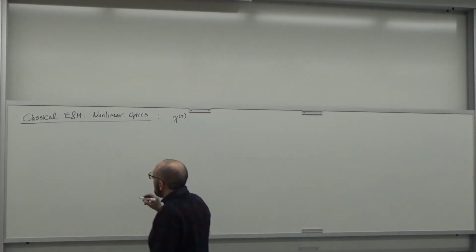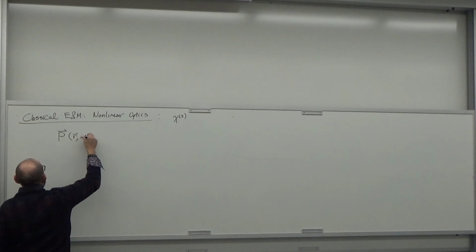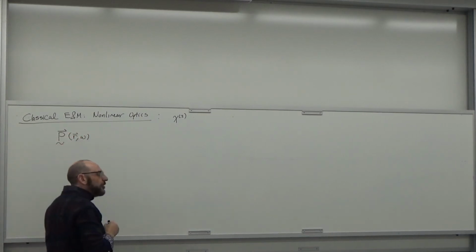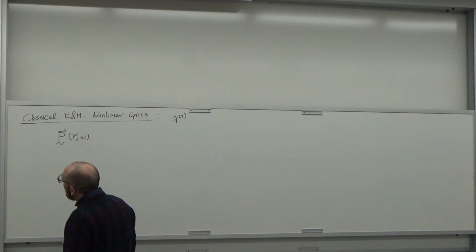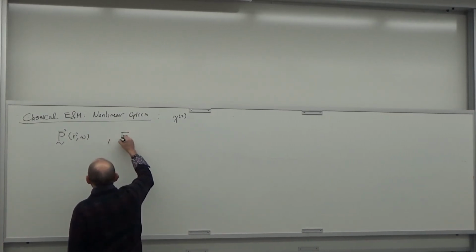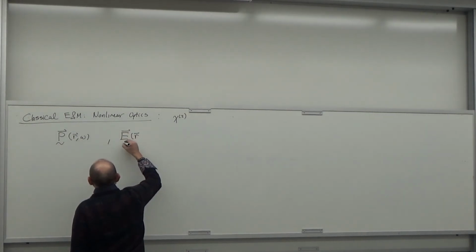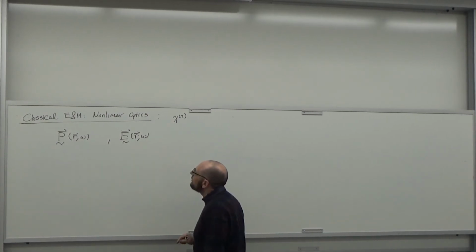Well, let's look at the polarization that is oscillating at some particular frequency omega. How can that, where would that come from? Well, I also have my electric field, and look at the Fourier transform of that, some particular frequency omega.